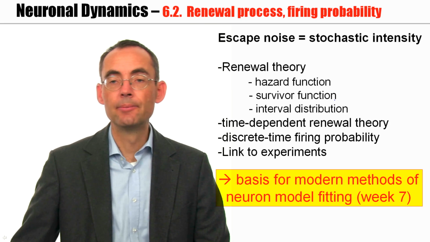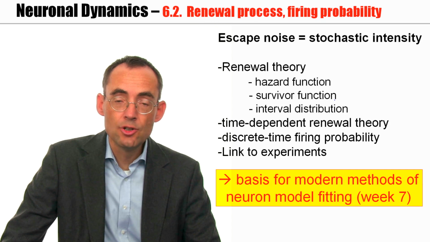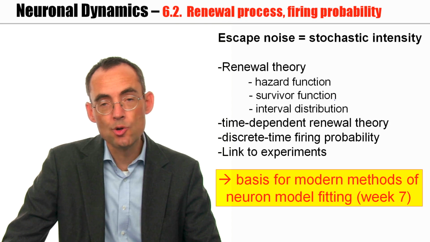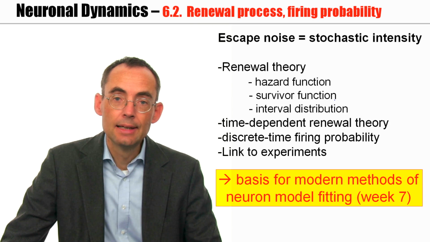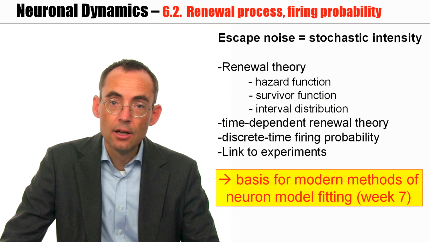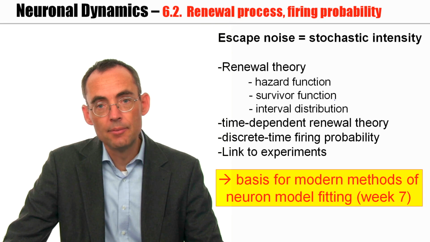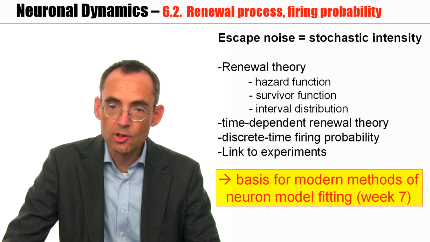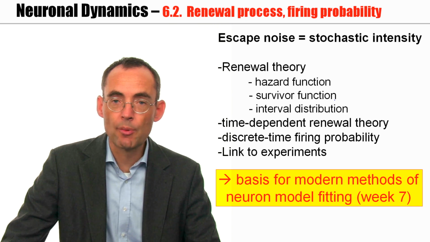So let me summarize. In the first lecture today, I have introduced the notion of stochastic processes, the notion of escape rates. Now we have seen here that we can translate this continuous time escape rate into a discrete time firing probability, and we can match this firing probability to data.